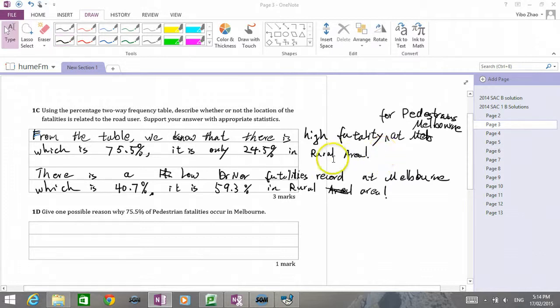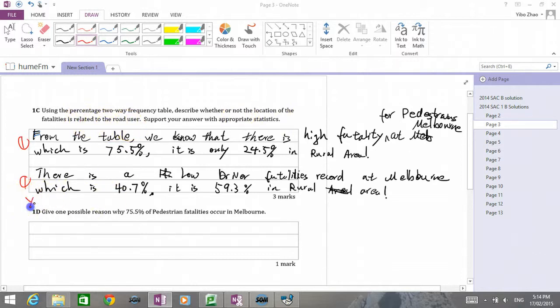So the idea is you get 1 mark for this sentence, you get 1 mark for that sentence. You get 1 mark by comparing this, you get 1 mark by comparing this. And then, describe whether or not the location of the fatalities is related to the road users.